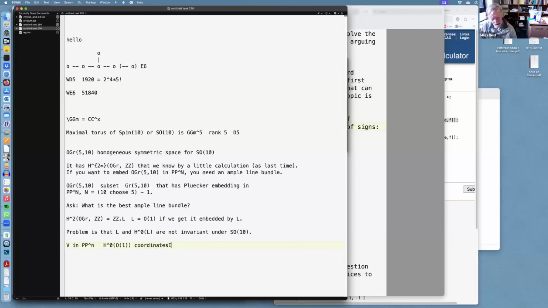And if I have a group acting on V, the question about whether the action comes from a linear action on the coordinates is non-trivial.